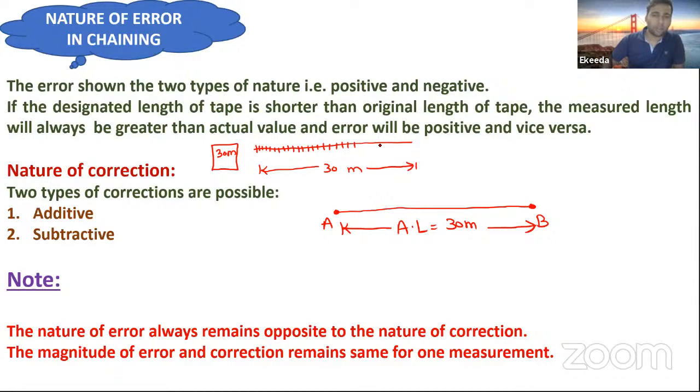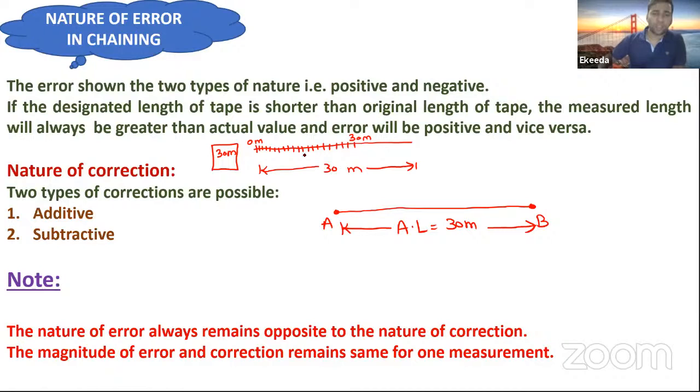Here 0 meter is written and somewhat here 30 meter will be written. Because the reading is written very closely, the overall length of the tape will reduce. But at the first point 0 meter is written and at the last point 30 meter is written. Is it or not?